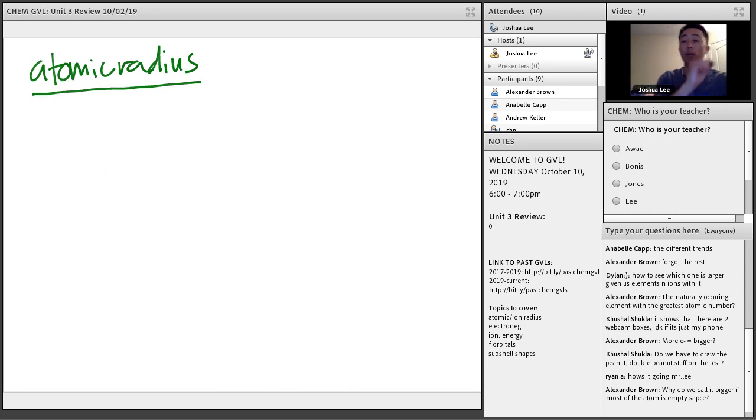So for the period trend, let's look at sodium versus argon. Both of them are in the third energy level. So actually, so it's easier to see the similarities, let's look at aluminum versus argon.